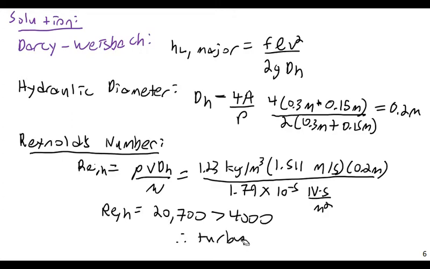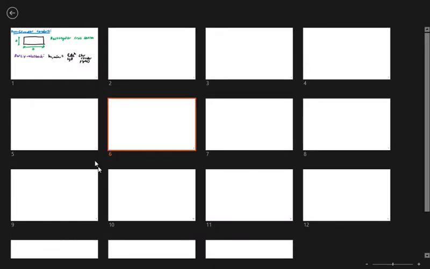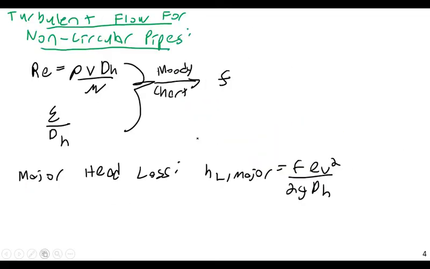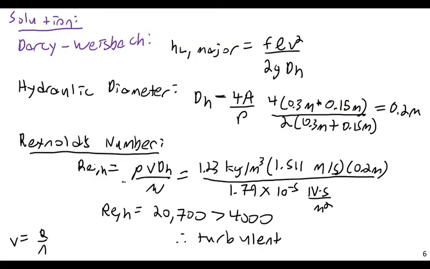This will of course then be turbulent flow, which means we have to use what to determine the friction factor? The Moody chart, yes, we're going to have to use the Moody chart or the Moody diagram. And again, I got the velocity by saying V equals Q over A, equals 0.068 over 0.3 times 0.15.